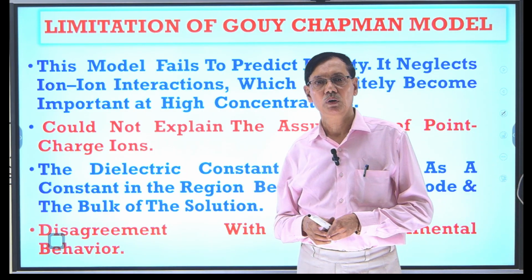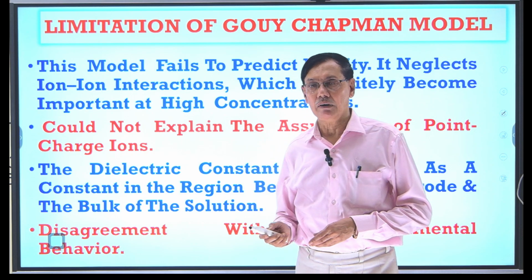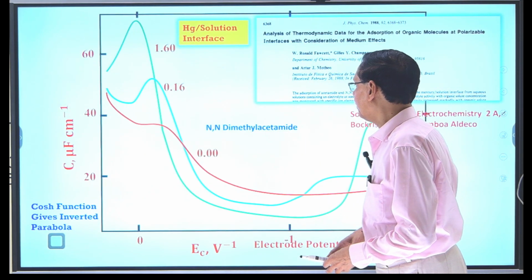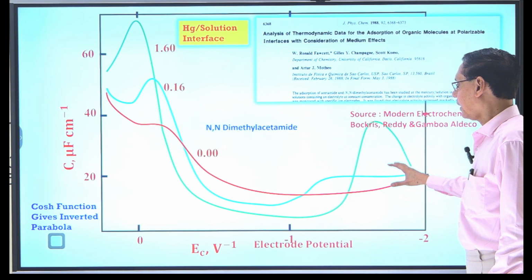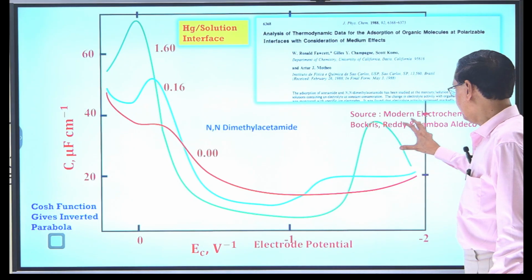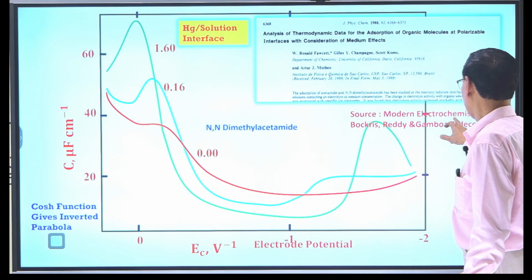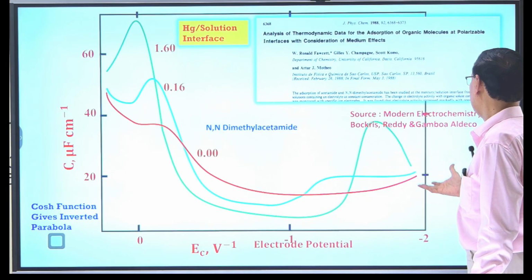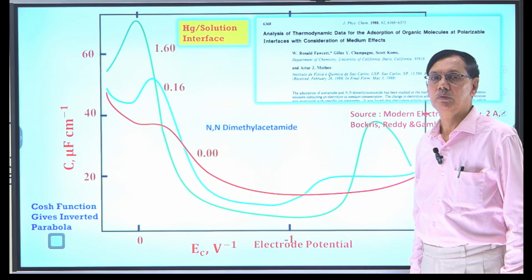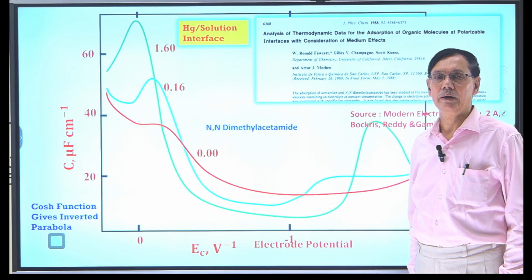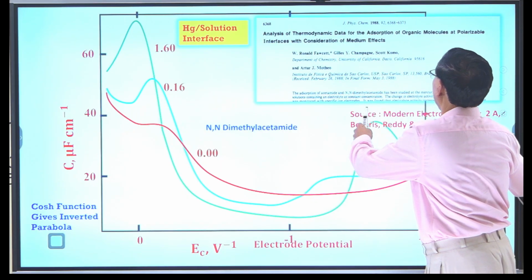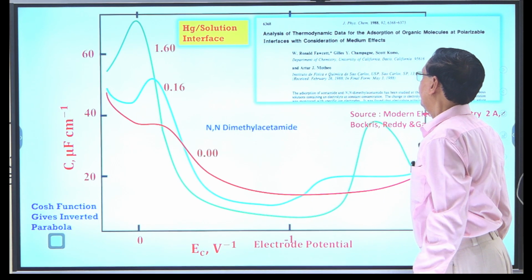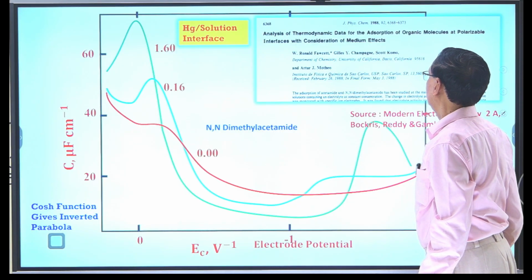I'll just show you one of the graphs, which is very important. I have taken this graph from the book Modern Electrochemistry by Bockris, Reddy and Gamboa-Aldeco, second edition, volume 2A. But they have also taken it from a research paper published in the Journal of Physical Chemistry, 1988.